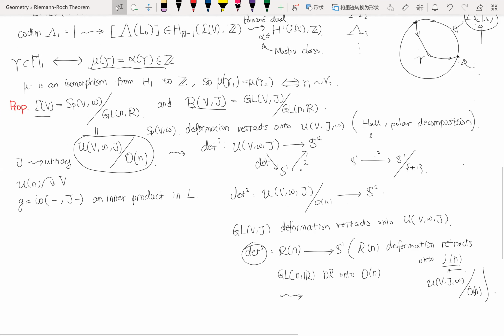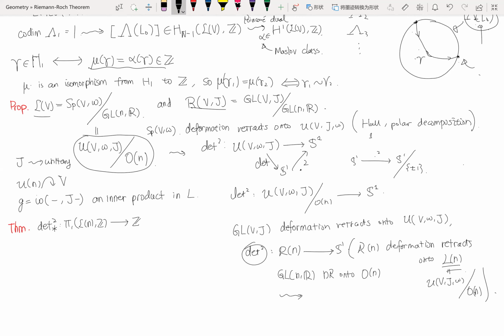That is the following theorem. So the determinant squared, where we write star to denote that it is passed to the homology group, maps H1 of Ln onto Z. I think it should be pi 1.